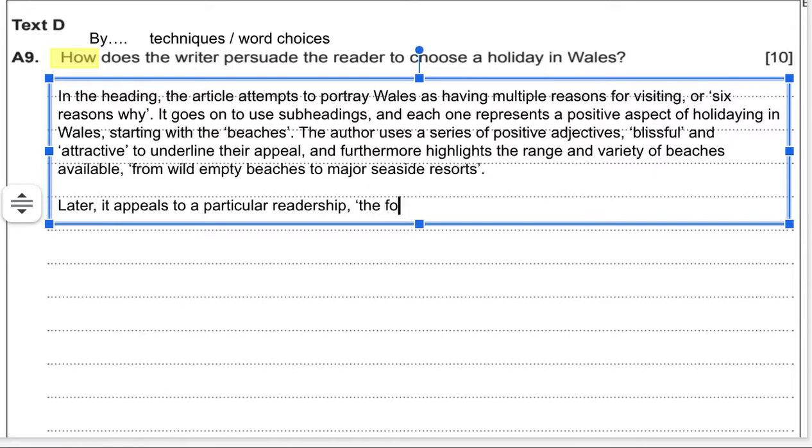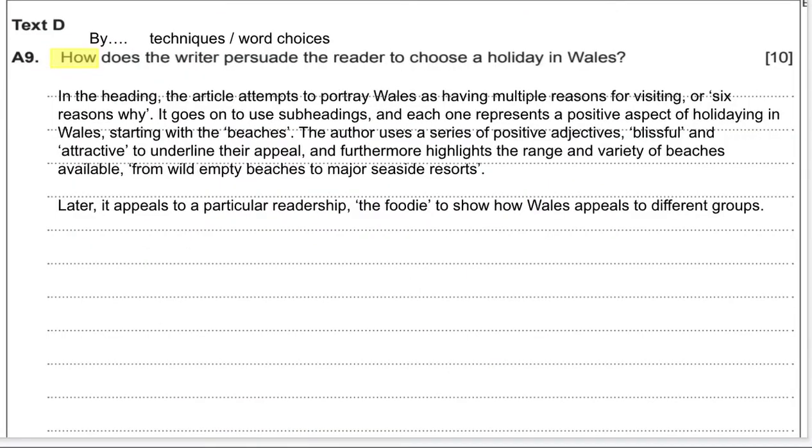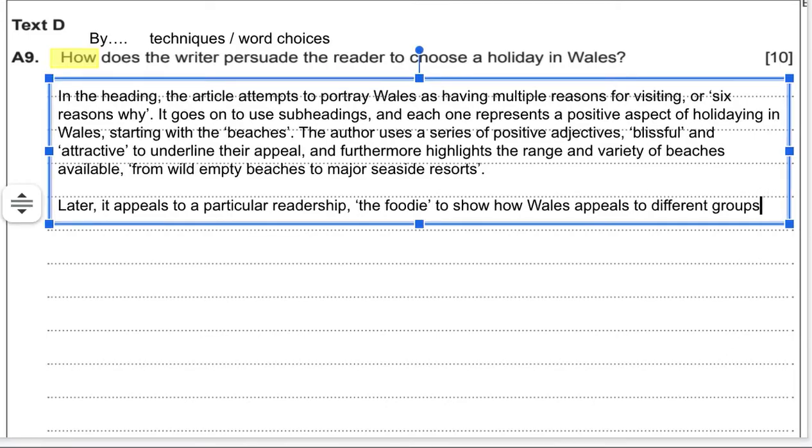The foodie, to show how Wales appeals to different groups. And then I'm trying to find a link here. So the idea, like basically everybody is welcome, everybody's included, nobody's left out. So it's quite a nice link there.